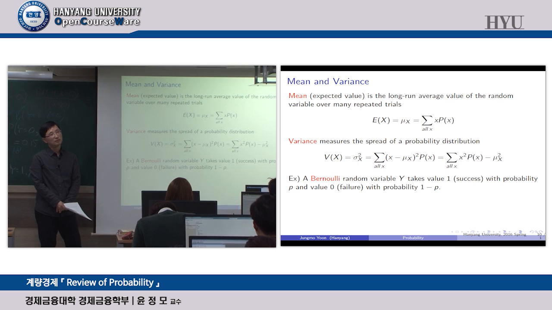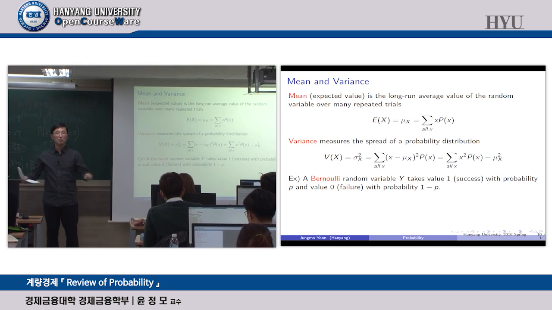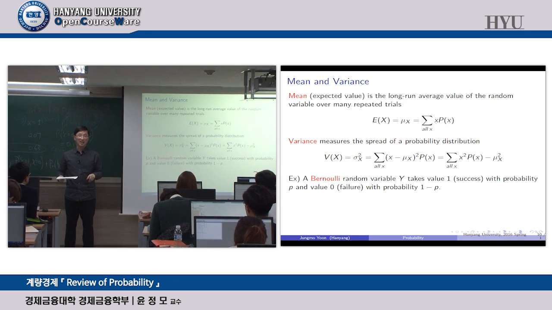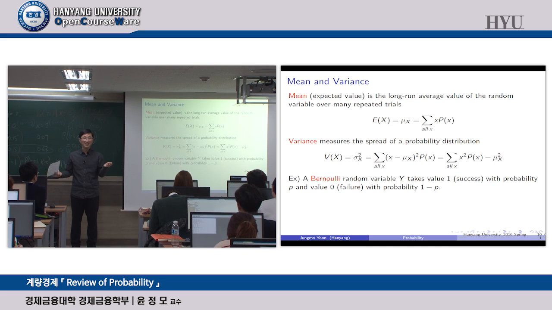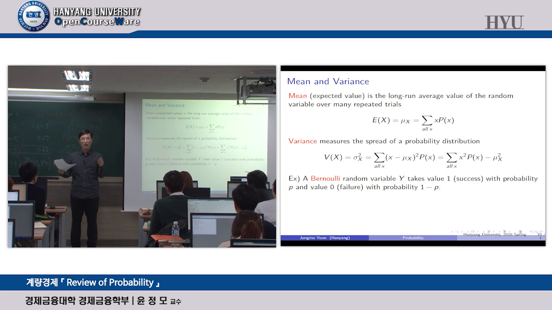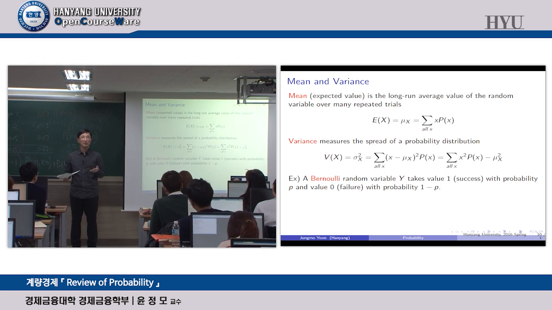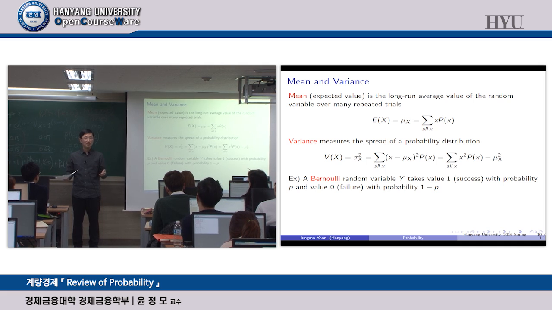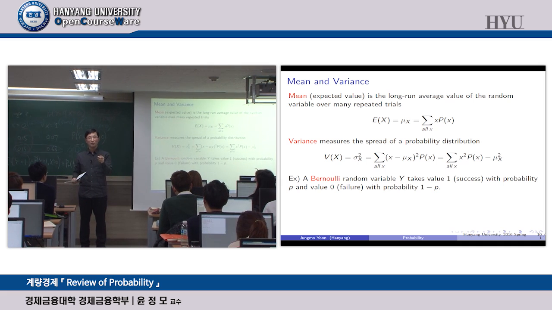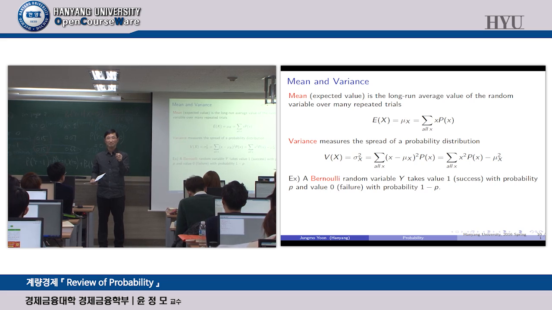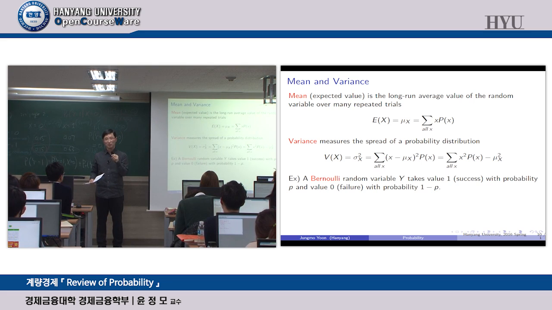So mean shows you the long run average. What's the meaning of this? Suppose that I'd like to know the mean of the height for this class. How do I find out? It's actually pretty easy, but suppose that the size of this class is huge, like 5,000 students. One method is to choose one person randomly, but do that many times. Whenever I choose one person, I ask his or her height, write it down, and then put him back.